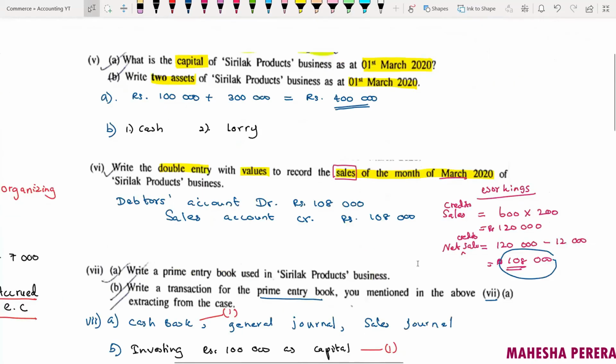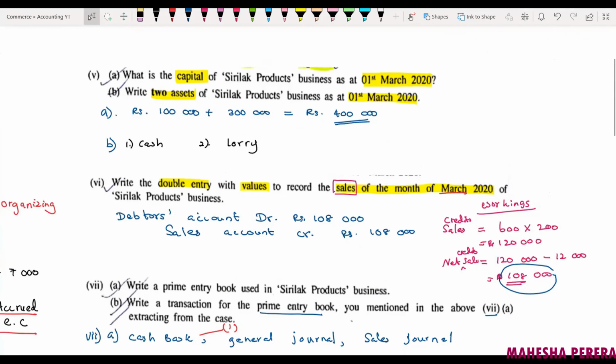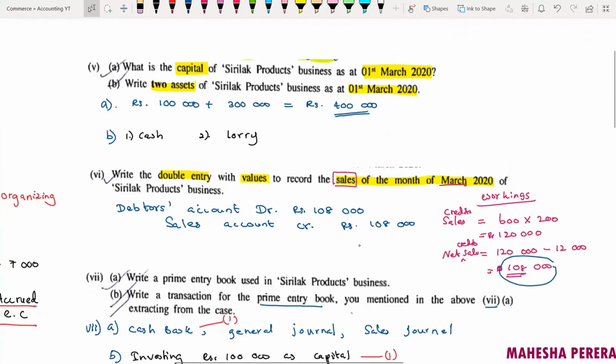And then in the double entry question, normally that's how they give marks: 1 mark for the debit entry and 1 mark for the credit entry, right? Here also 1 mark for getting 400,000 as the capital. Here half mark for this, another half mark. Now for methods, they give normally half marks. Anyhow, total marks 1 mark for 400,000.